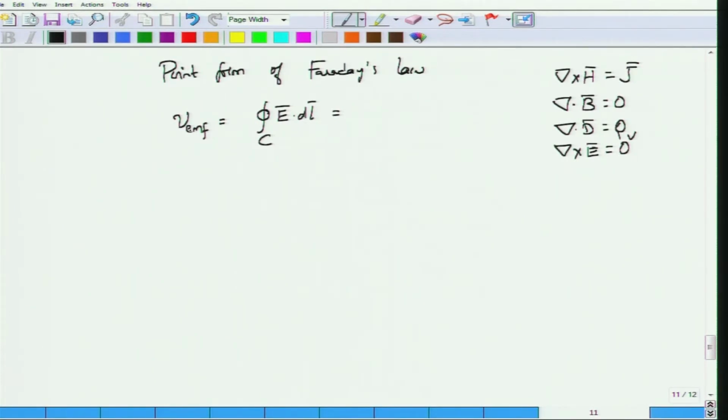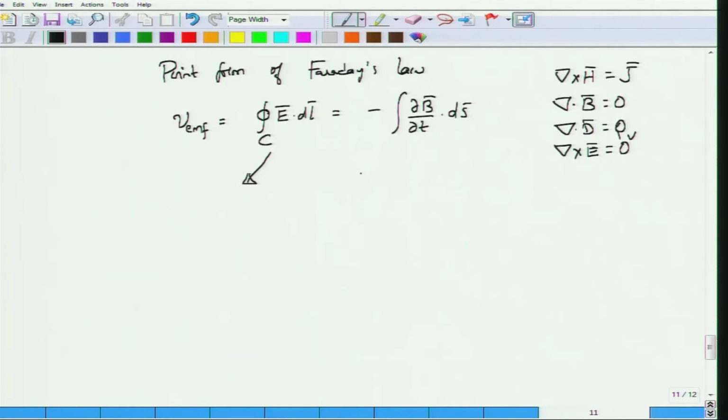Coming back to the EMF that is generated, EMF is given by the line integral of the electric field over the closed curve C. So, it is the integral of E dot dl, and this should be equal to minus the integral of del B by del T dot ds, correct. To develop the point form, you need to see that if you take the integral of E dot dl over a short closed path and then divide by ds, what you are going to get will be whatever is there on the right hand side.